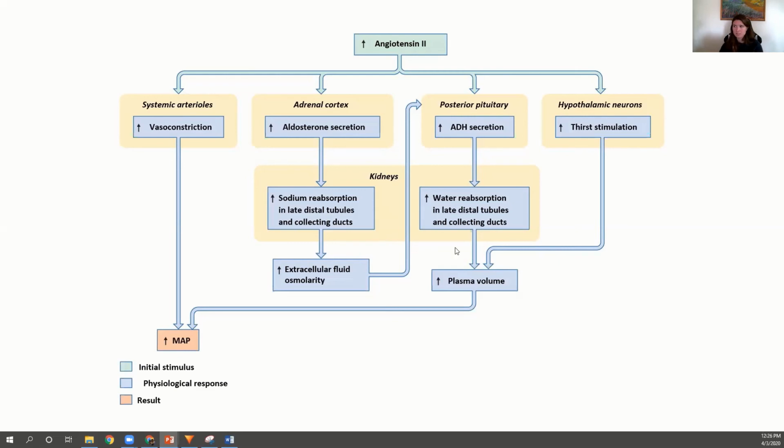And this is going to increase plasma volume, so this is going to increase the water in your blood, which can increase your blood pressure.